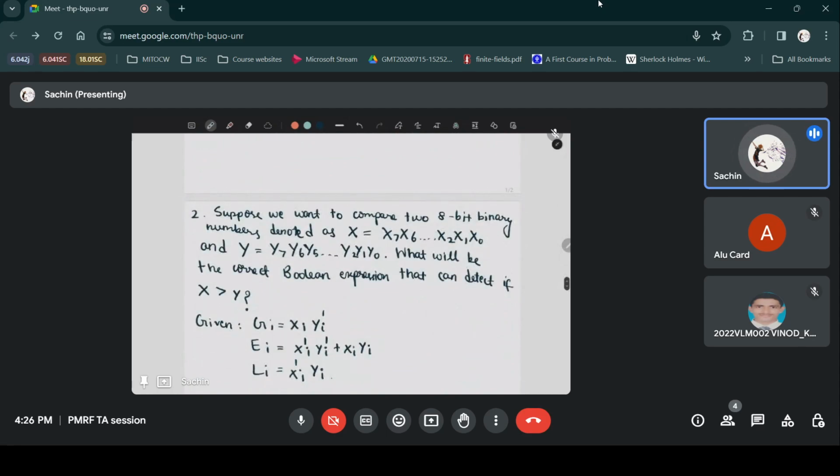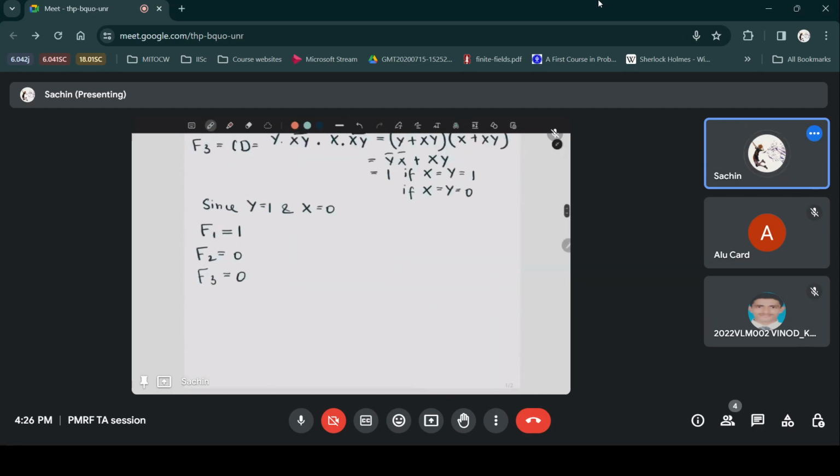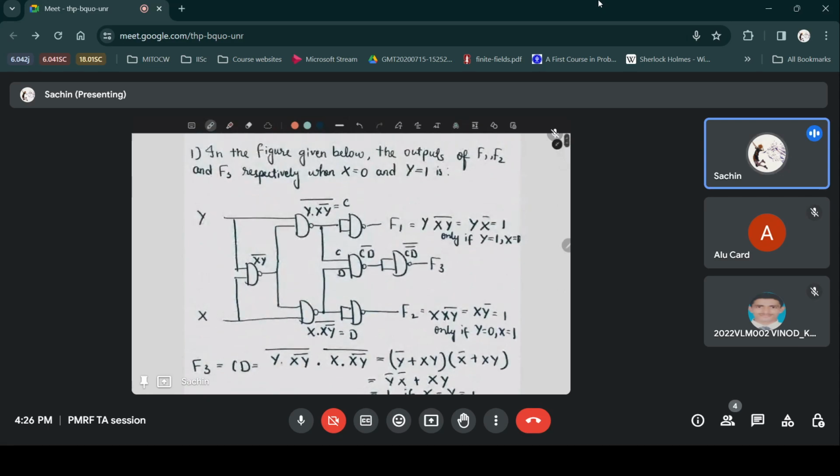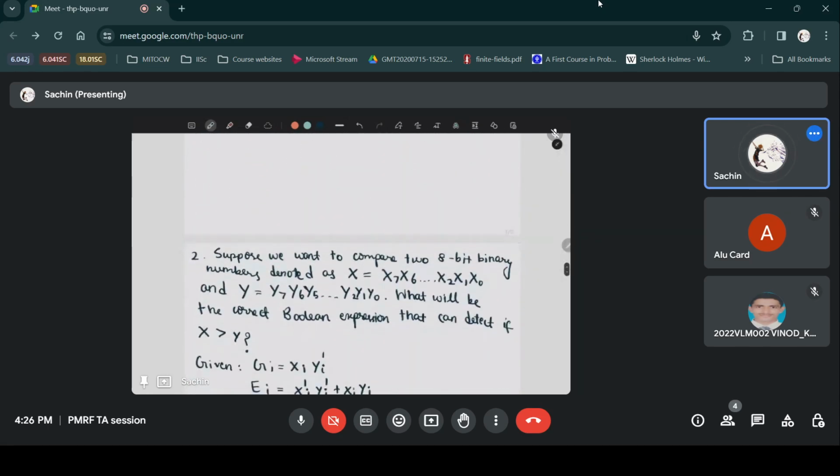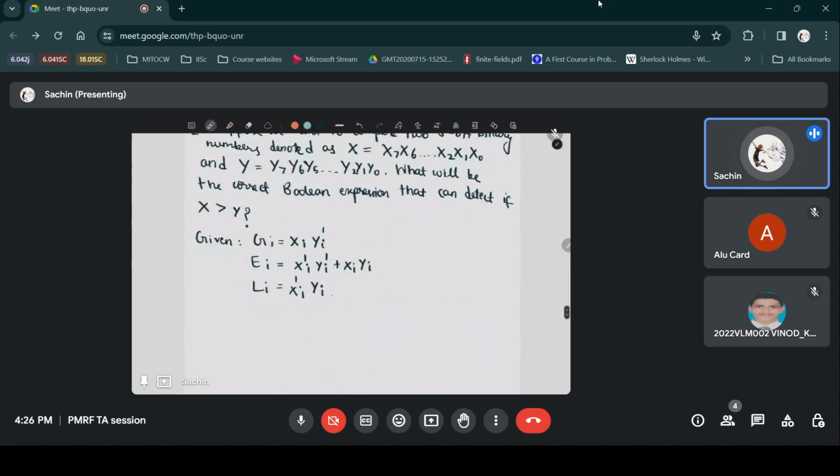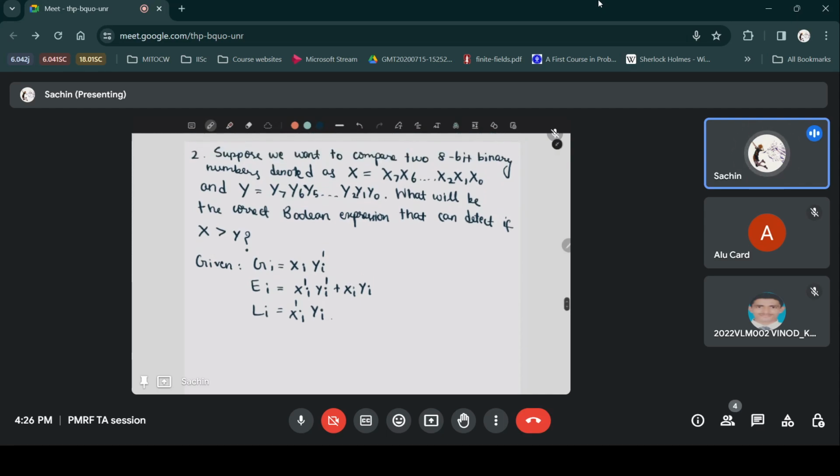Li is xi bar yi, which is the same as function f1 in the previous question, which checks if yi is greater than xi or if xi is less than yi. And the index i denotes which of the bits we are checking. There are 8 bits in each number, so i can go from 0 to 7.